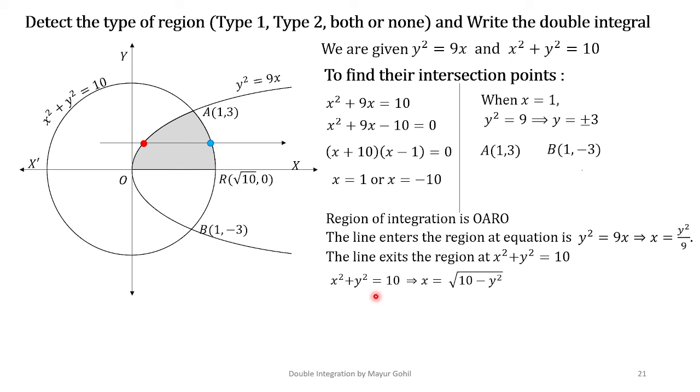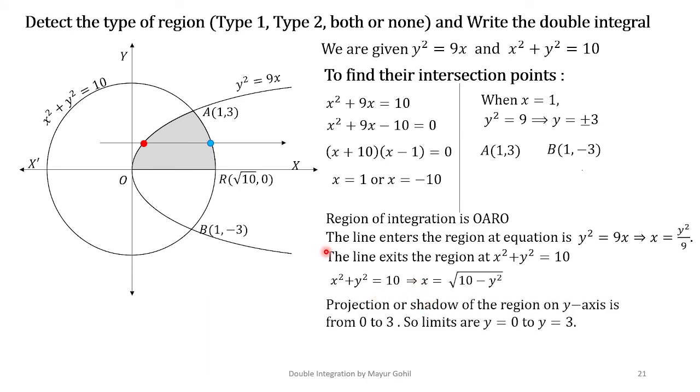Now further, let us see how to calculate this projection. I am mentioning here that the projection is from 0 to 3, and the limits are going to be y equals 0 to y equals 3. Here the highest point of the region can be seen as (1, 3).